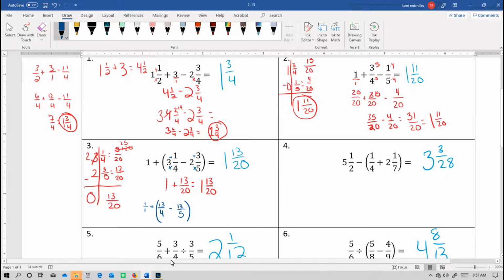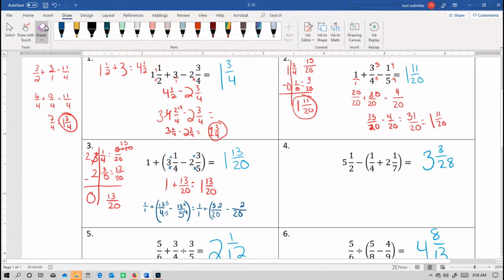So my common denominator is 20, meaning I have to multiply that top by 4, which is going to give me 52. And I have to multiply this one by 4, which is going to give me... I think I did my multiplication wrong here.